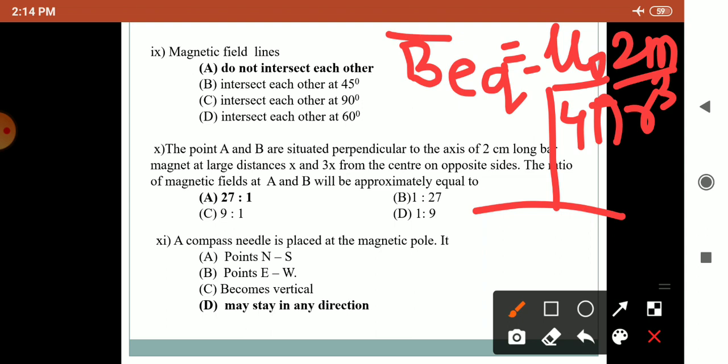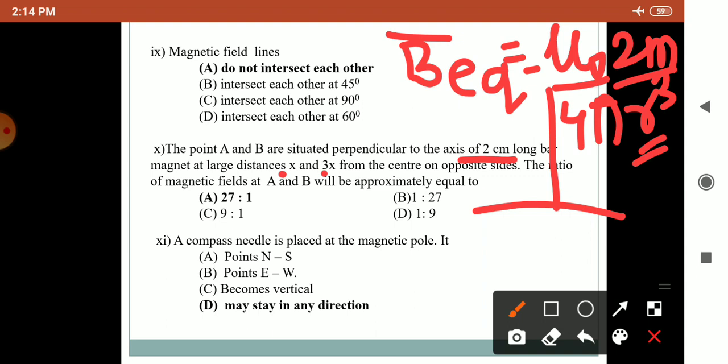Then by putting all these values, they have given 2 cm which is r, then x and 3x at two different positions. We have to calculate that value of B equator, or we can directly compare that.